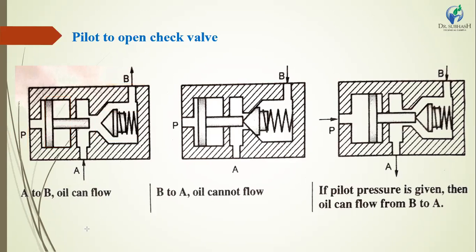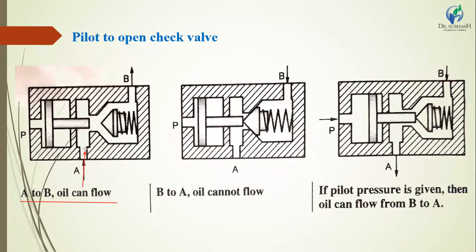First, understand the oil passing from A to B. At this condition, this spool is not attached to the triangular shape of the piston side. This means at this time the flow path A is open.